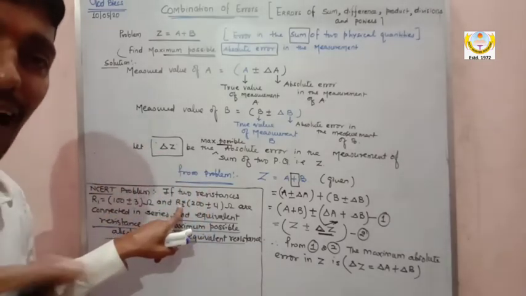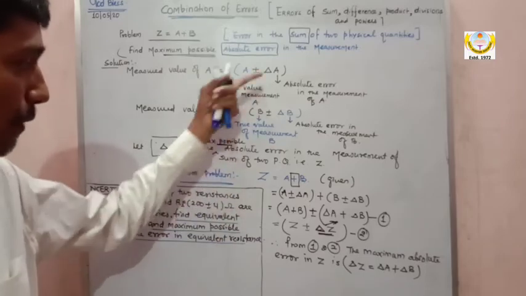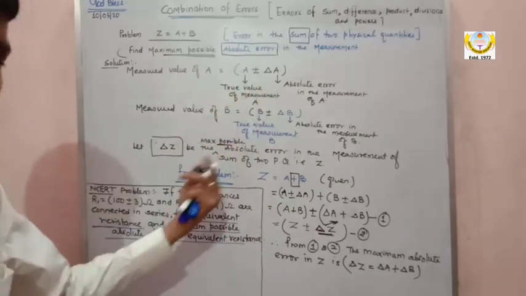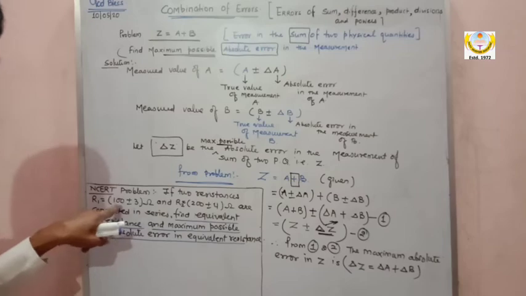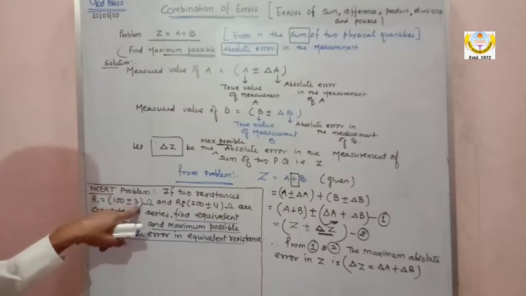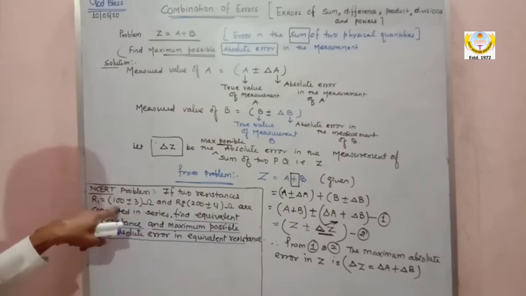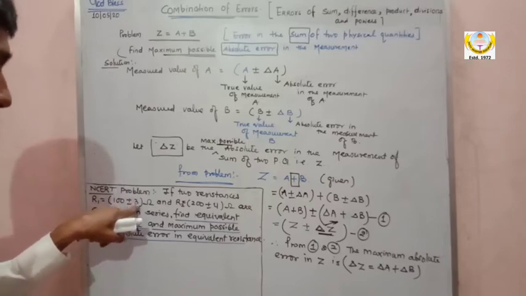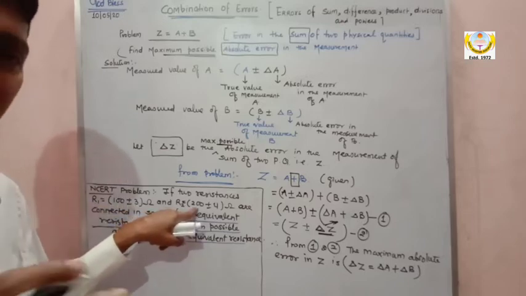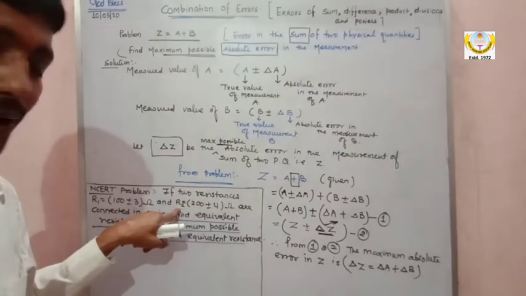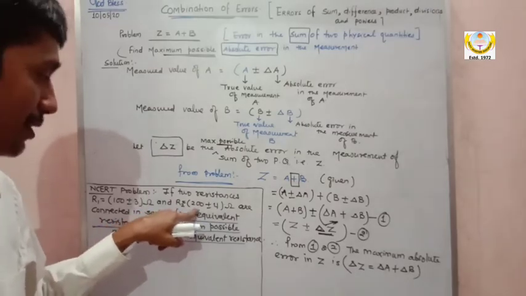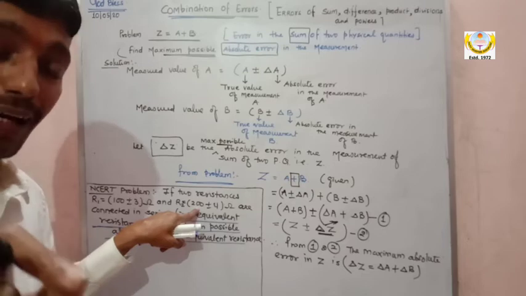If I wish to compare with this topic, it will become R1 plus minus delta R1. The 100 becomes R1, that is the true value, plus minus delta R1, and 200 becomes the R2 measurement, the true value of R2.